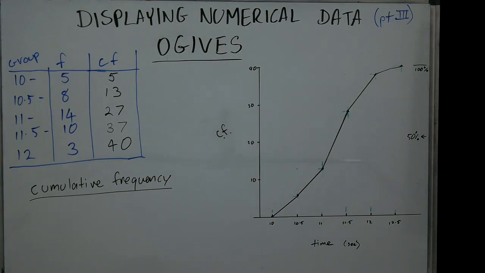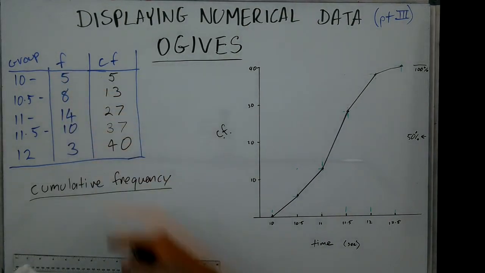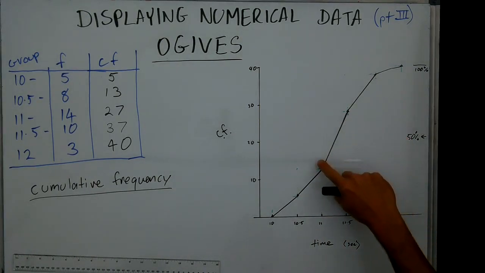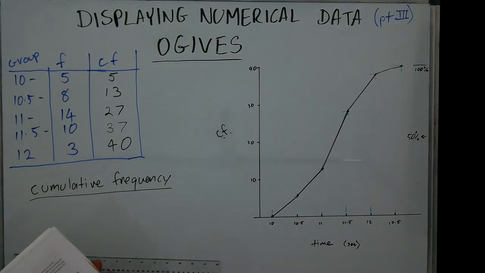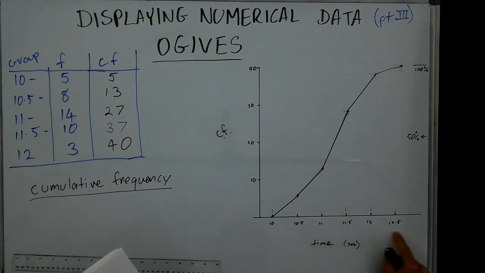Now, these are useful in grouped data simply because we don't actually have our scores anymore. And we can use it to answer all sorts of questions, even though we've lost our original data. Like I said, it's important to have a regular scale going this way.